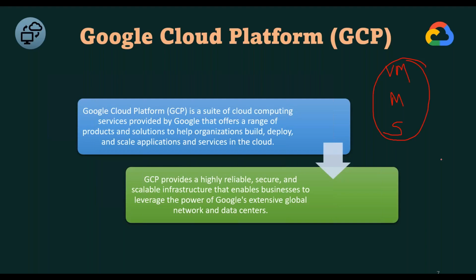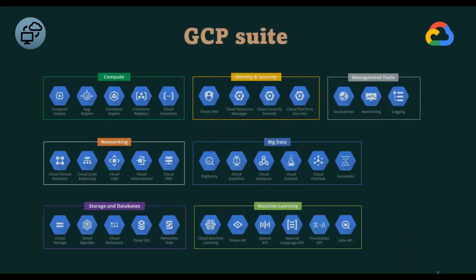Google Cloud is one of the leading cloud providers, I would say, who are providing you cloud computing services in the field of compute options, IAM, management tools, big data tools, networking tools, storage and database tools, and machine learning services. These are all the cloud computing services offered by the GCP, and it is similar to your AWS and Azure.